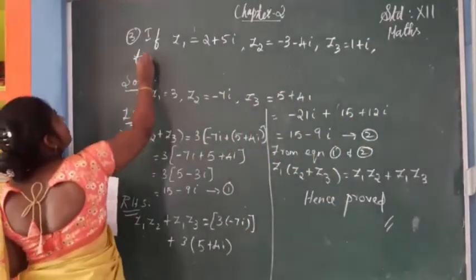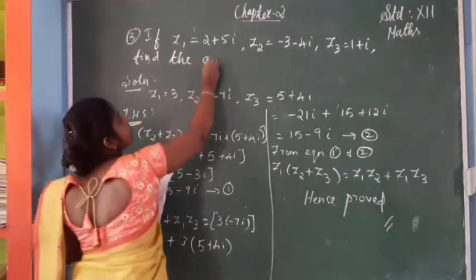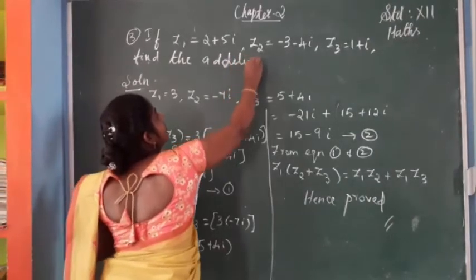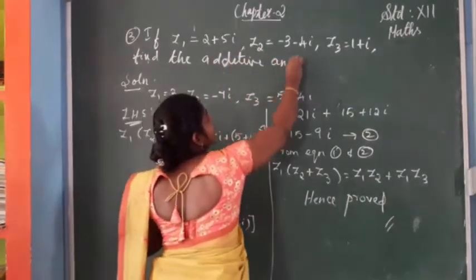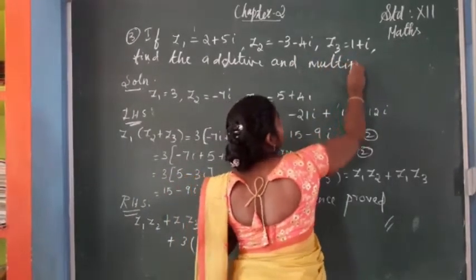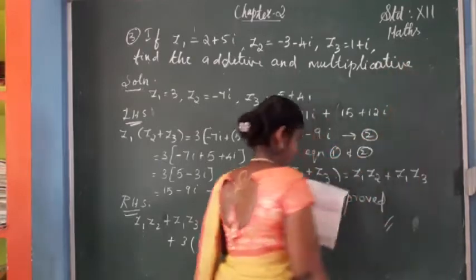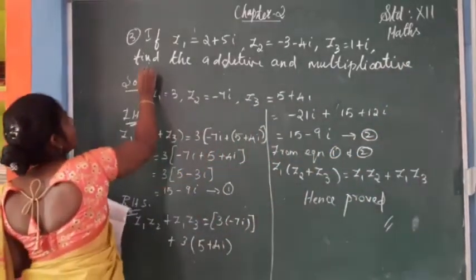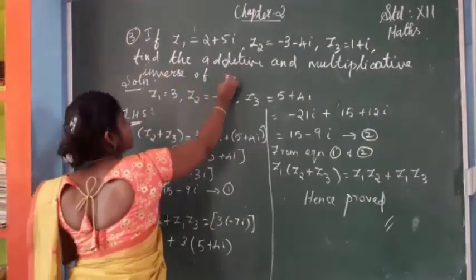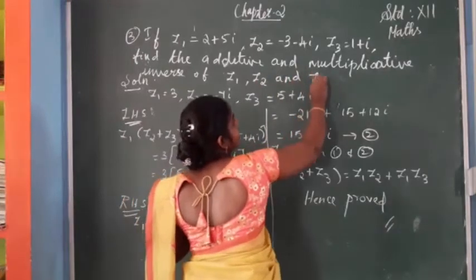Find the additive and multiplicative inverse of Z1, Z2 and Z3.